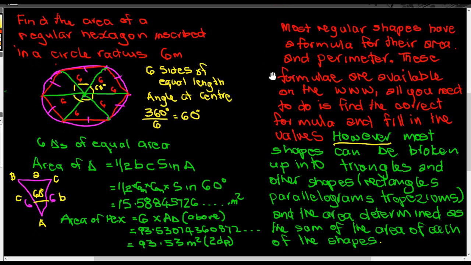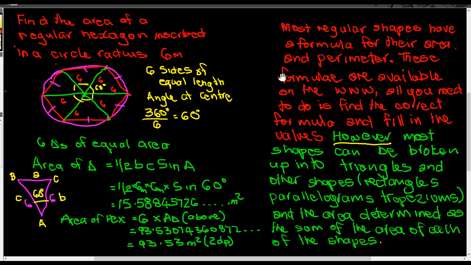I've multiplied that by 6, and that would give us 93.530,743,60872, and so on and so on. And so I've chosen to round that up to 93.53 meters squared to 2 decimal places.